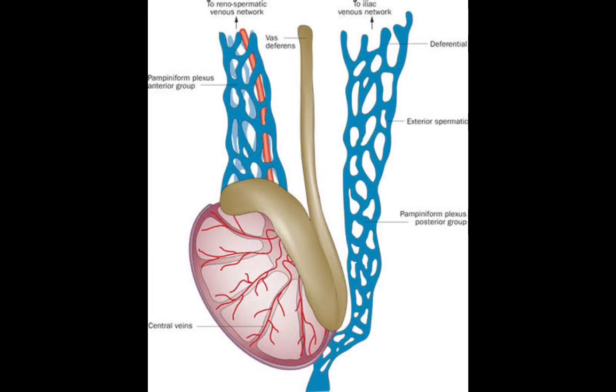Eventually the scrotal temperature of the testes is about 3 to 4 degrees lower than the abdominal temperature, and this mechanism of heat transfer is known as counter current heat exchange.